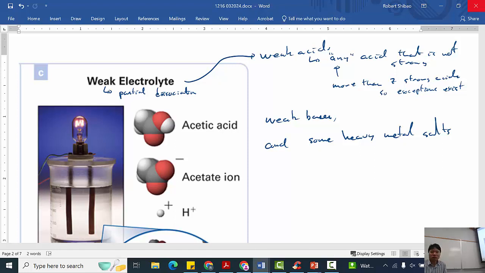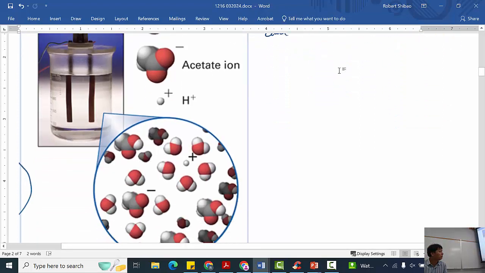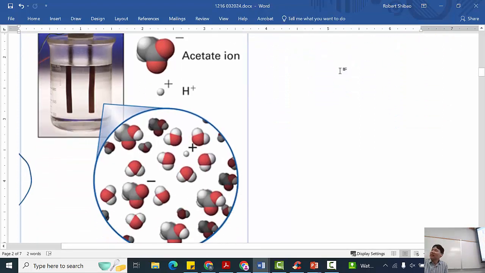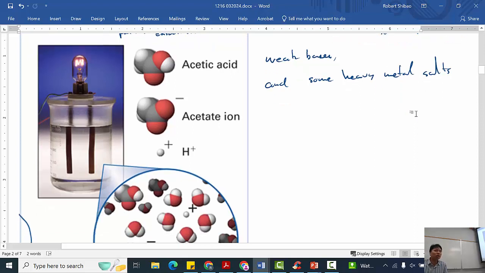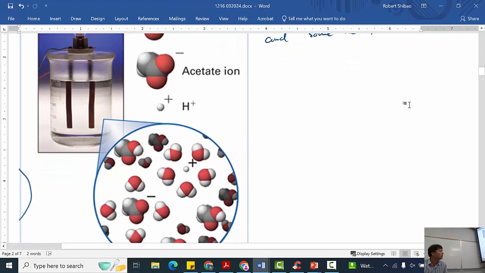It could be a strong electrolyte, but with limited solubility, like lead-2 iodide. Remember the lead-2 iodide we looked at? Some heavy metal salts, with a higher charge, like lead-4, that kind of thing.